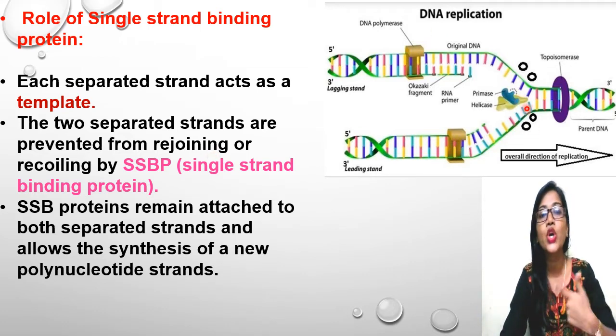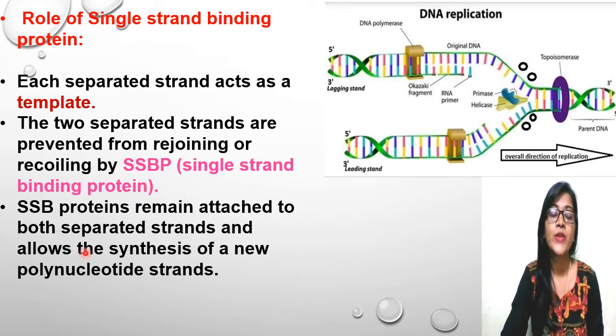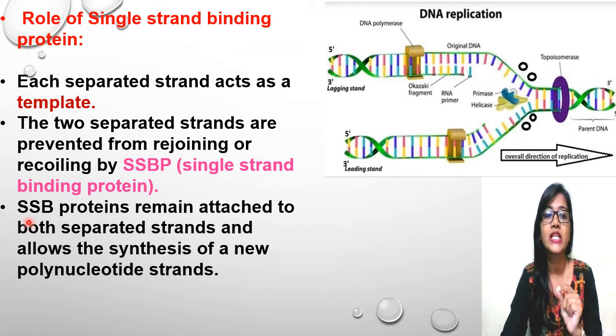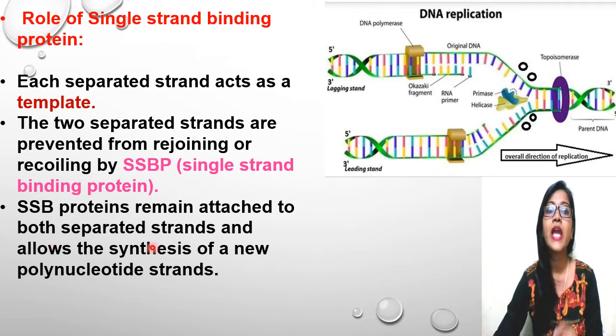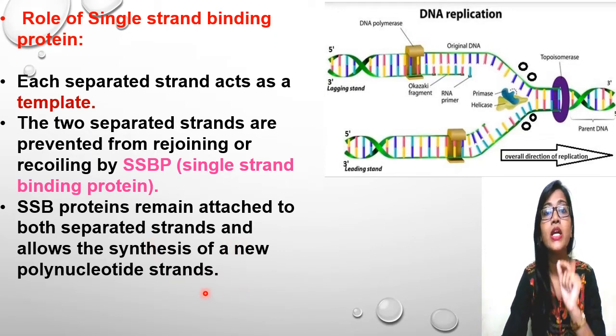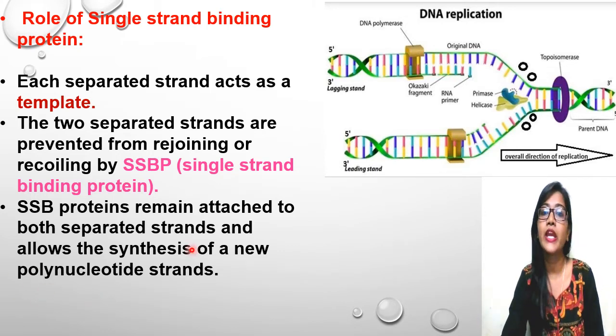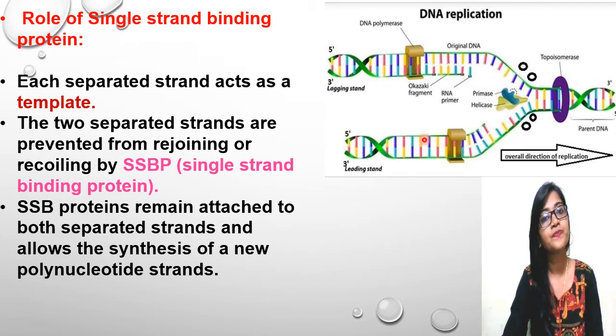That recoiling of the DNA is prevented by these single strand binding proteins. These SSB, single strand binding proteins, remain attached to both the separated strands and allow the synthesis of new polynucleotide strands, that is, the new DNA structure gets formed. That is, there is formation of the daughter DNA.